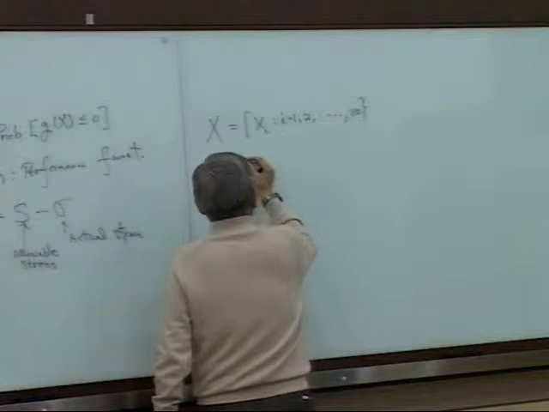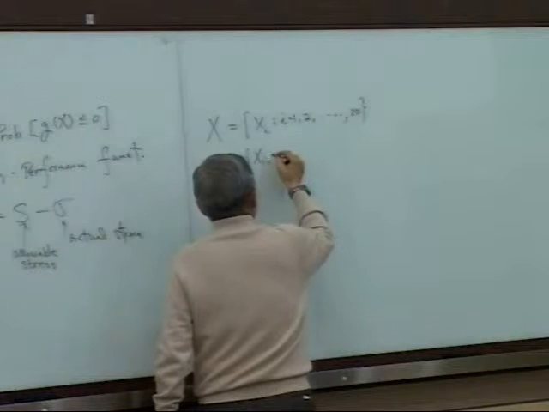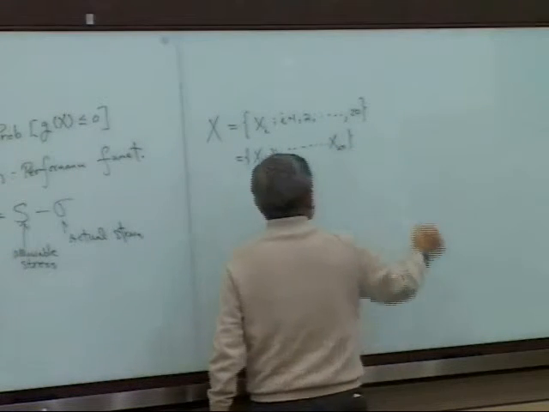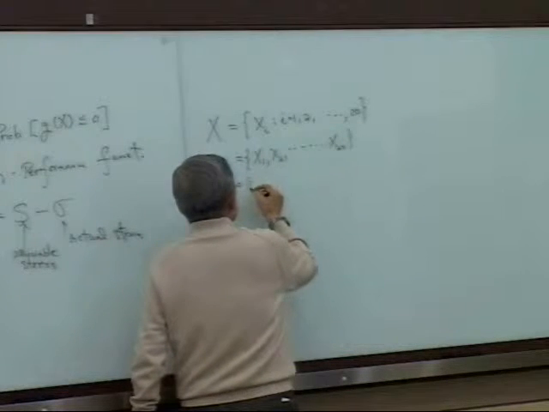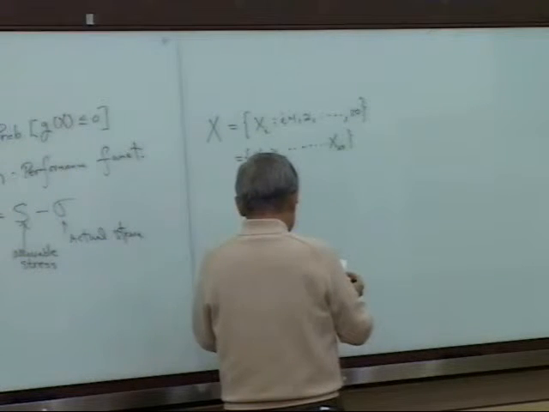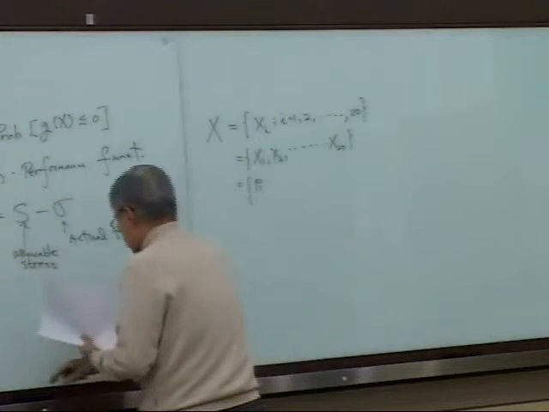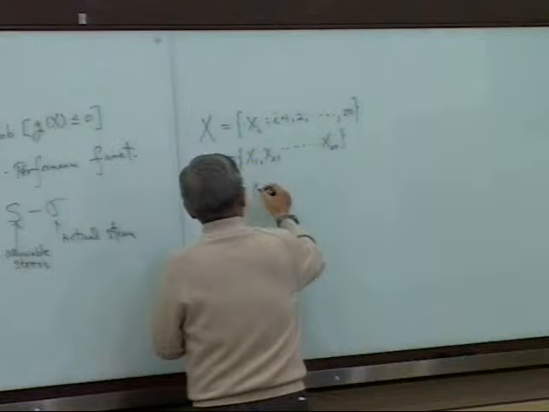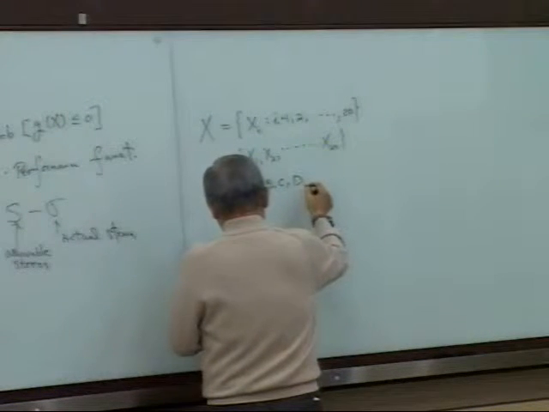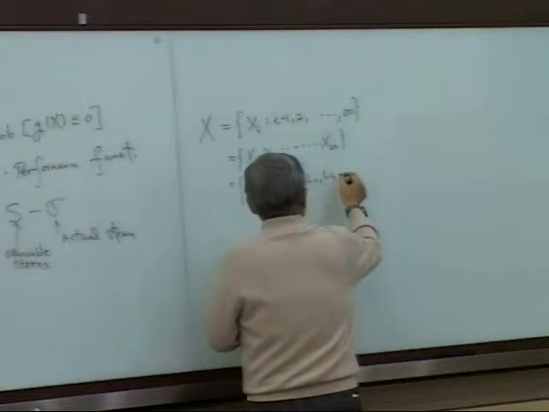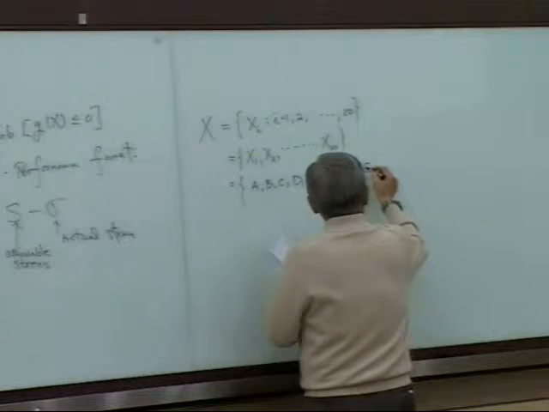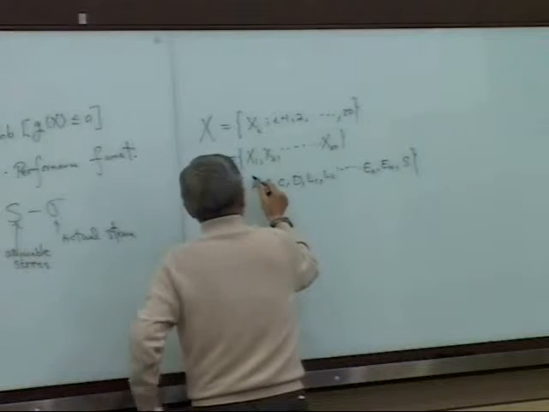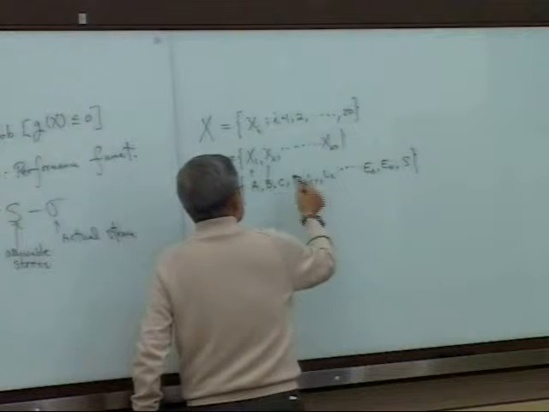If I rewrite, I can say x1, x2, all the way through x20, which is really equivalent to saying P1, or A, B, C, D, then L1, L2, all the way through, E of aluminum, E of wood, then S. So you can just use this notation.